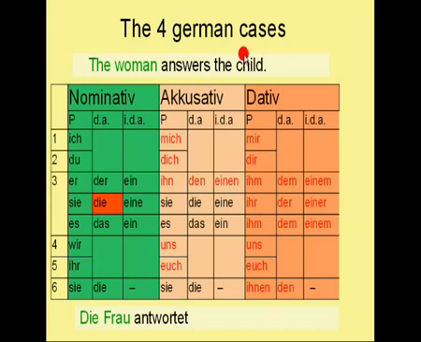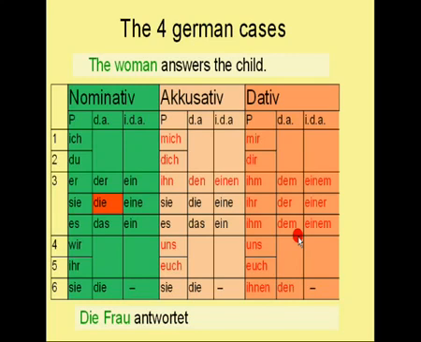Now we know that the child is the object of the sentence, but the question is, is it an indirect object or a direct object? Well, in German, after the verb antworten always comes an indirect object. Therefore we have to look at the dative case. Now we know that the is the definite article in English, right? Therefore we have to look for the definite article.